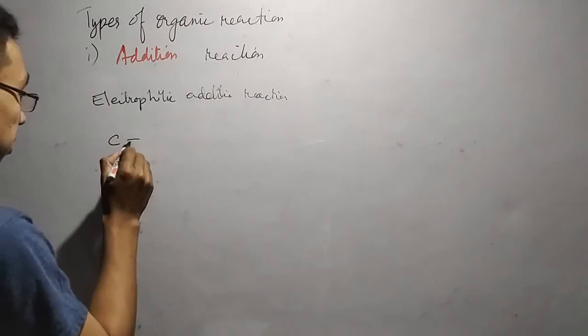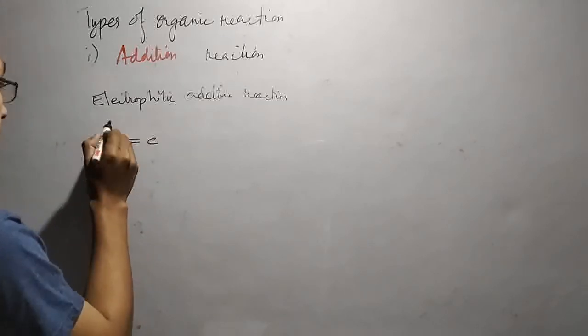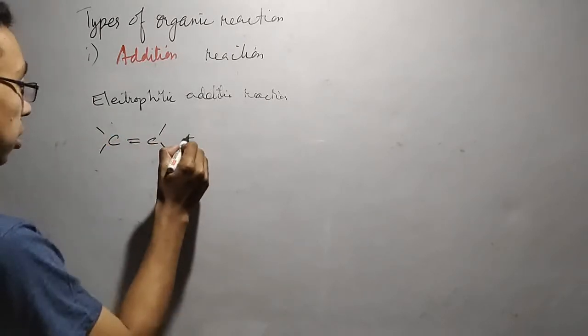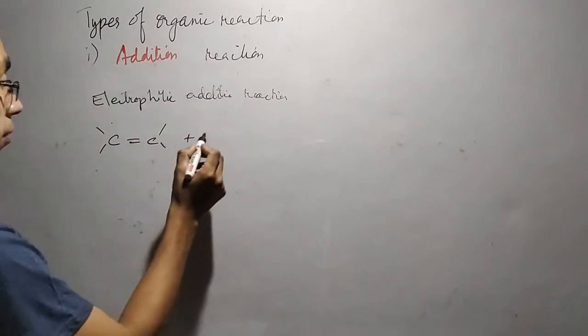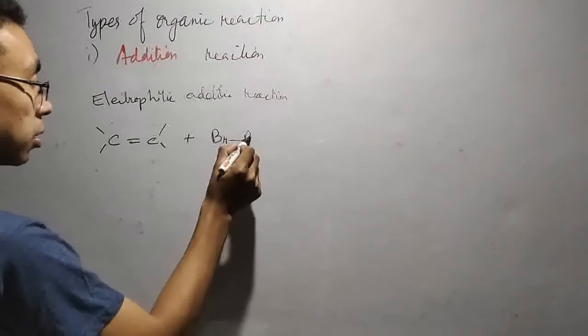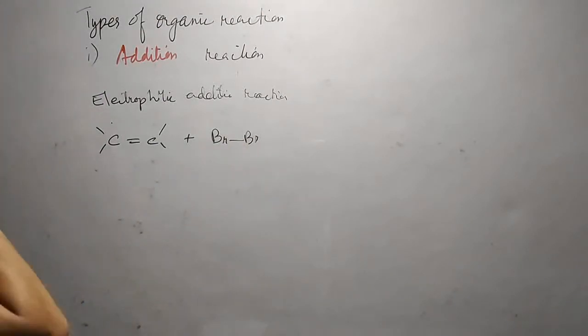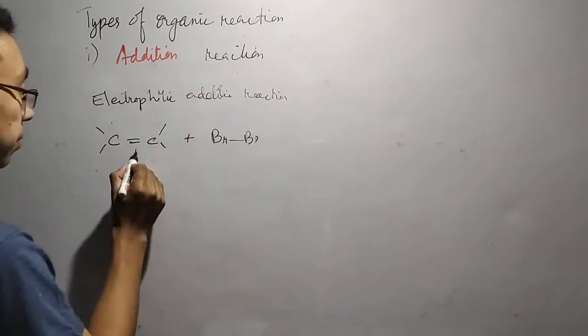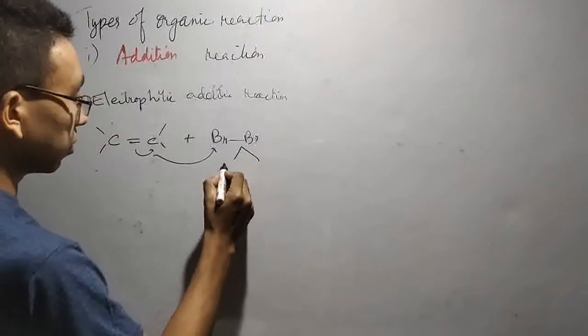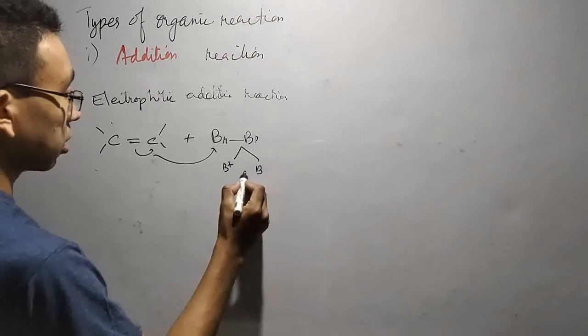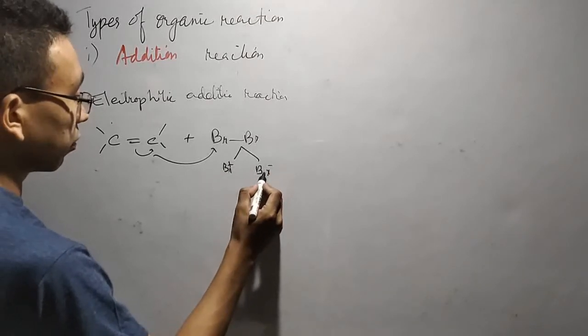So suppose for example we take Br2. In this case, one will give Br plus, the other one will give Br minus.